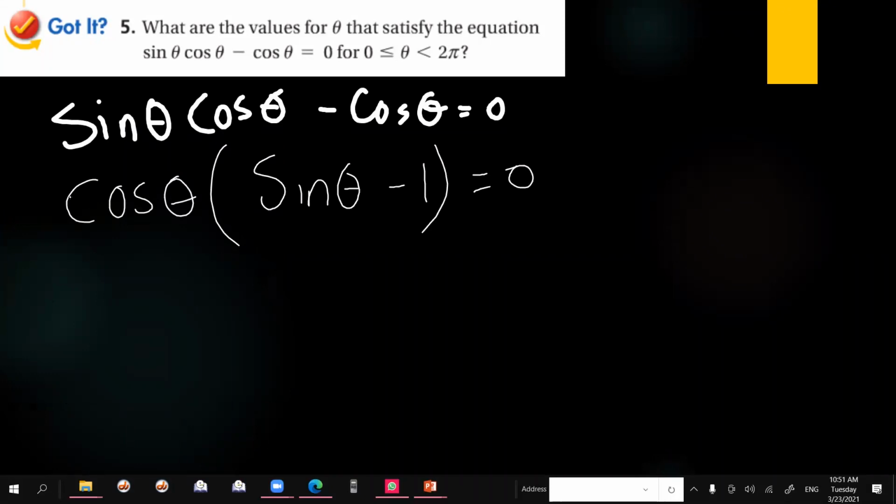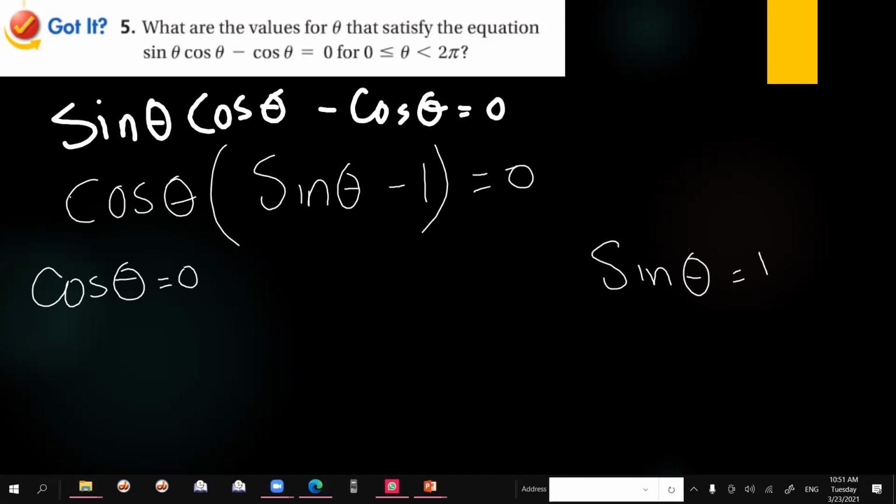Then, as I said, when they are multiplied, cosine of theta will be 0 or sine of theta will be 1. So here now we have to find all the values that satisfy this equation when cosine of theta is 0 and when sine of theta is 1.